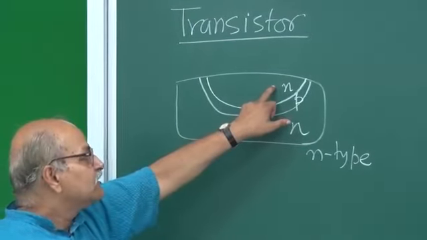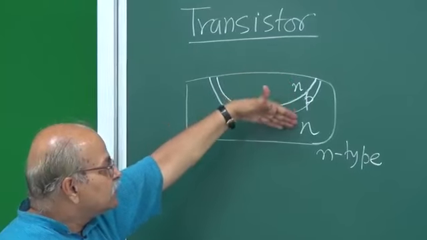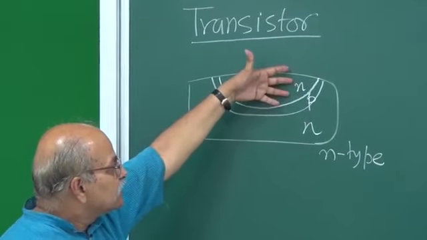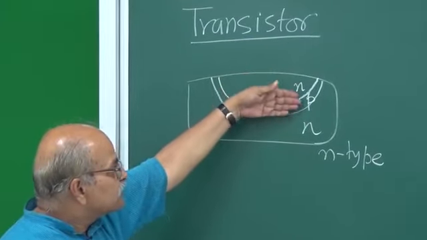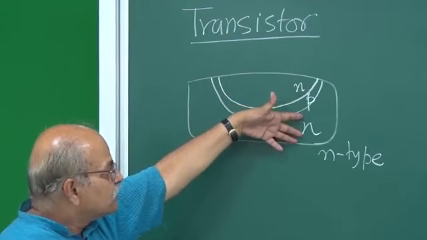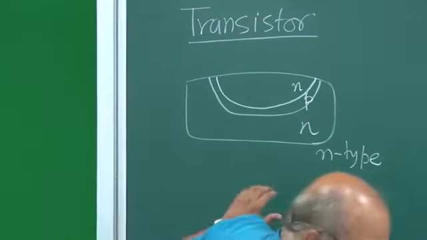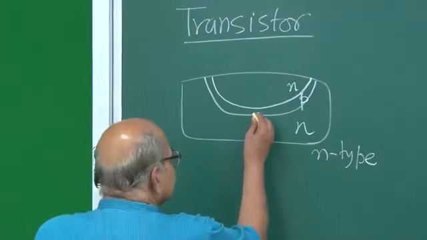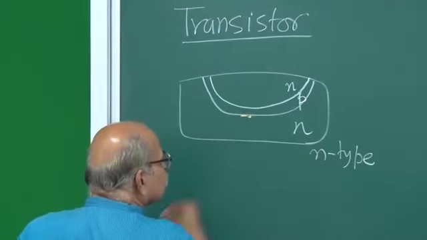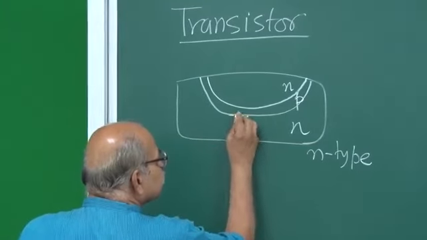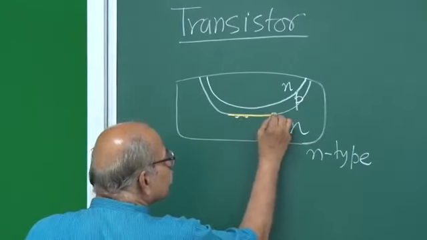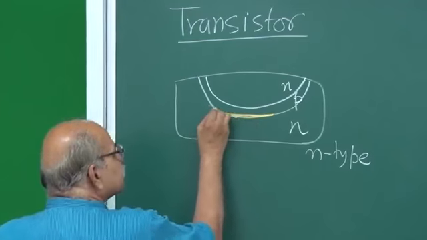So now I have three kinds of impurity distributions: the donor impurities here, acceptor impurities here, and again donor impurities here. And here are two junctions. This is one junction.